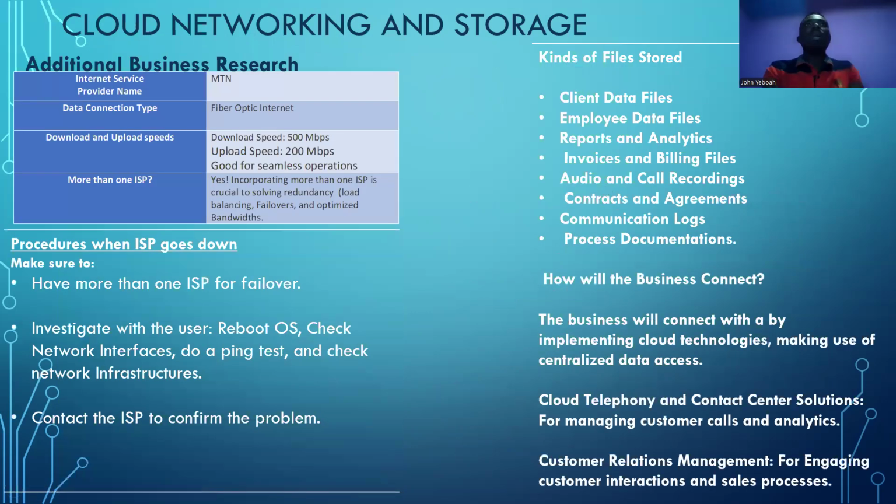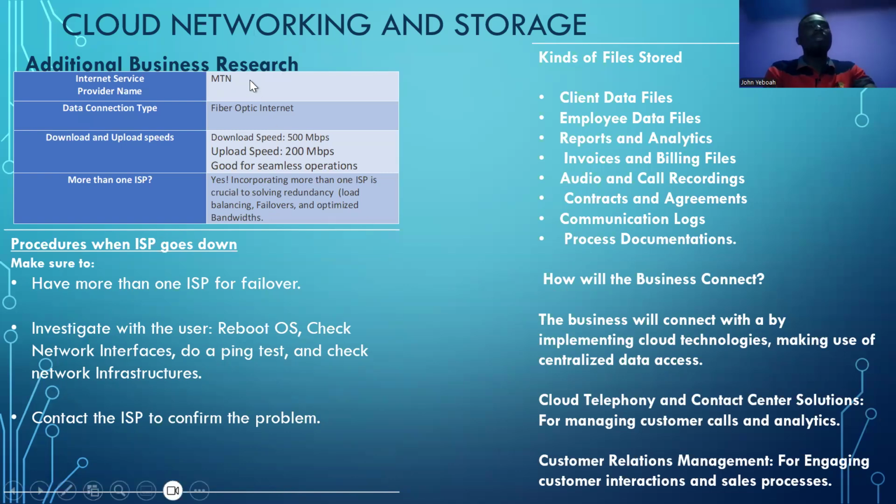For the cloud networking and storage, we are going to look at the kind of files we are going to store. Since it's a BPO, we have client data files, employee data, reports, analytics, and so on. We are also going to have a procedure for when the internet service provider goes down: we are going to have more than one internet service provider.